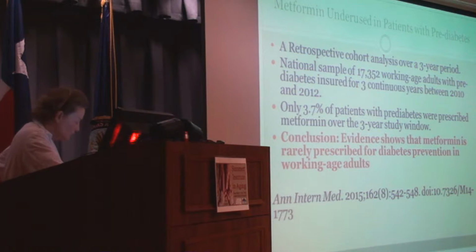And they found that only 3.7% of patients with the official diagnosis of prediabetes were given metformin. Pathetic. So the conclusion was, evidence shows that metformin is rarely prescribed for diabetes prevention in working age adults. So hopefully now we'll start using it, because it really works.